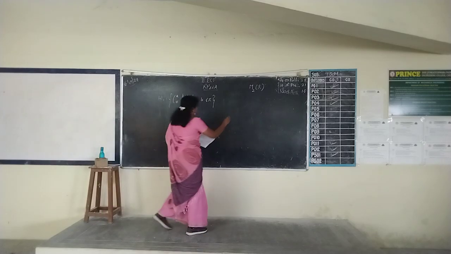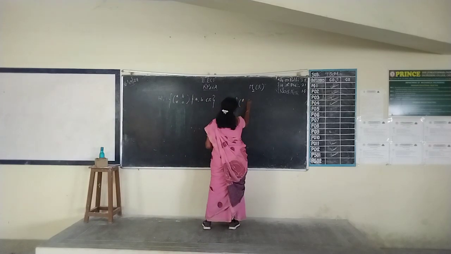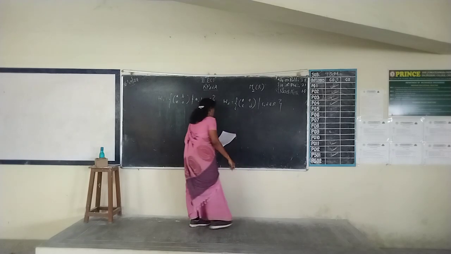Similarly, W2 is equal to the matrices of the form [0 0; c d] such that c, d belong to R.